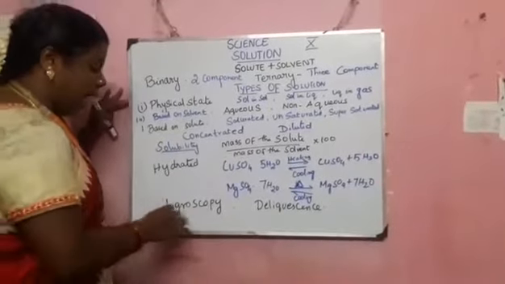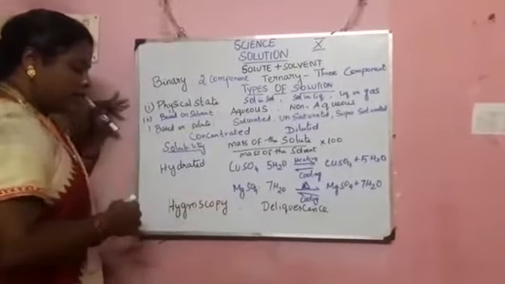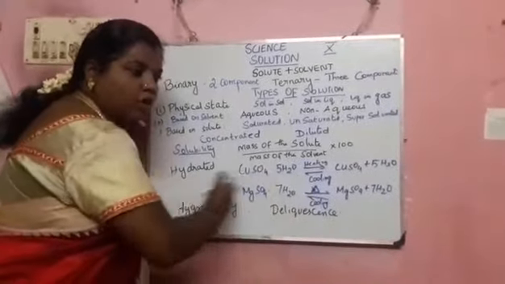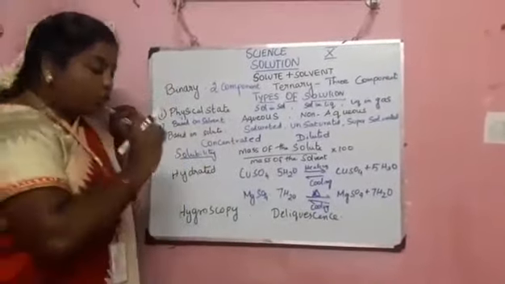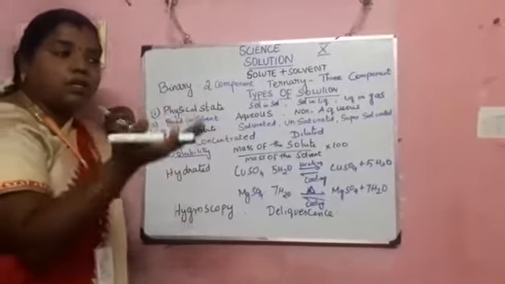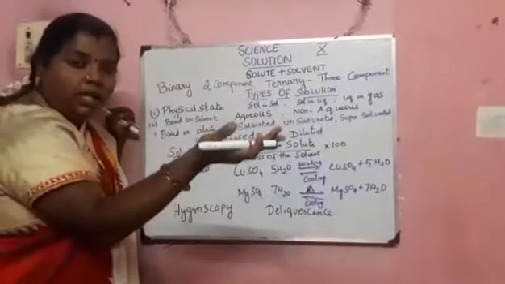Next one is hygroscopy and deliquescence. Hygroscopy is similar; most of the points are similar. The condition for hygroscopy and deliquescence is that the substance is exposed at ordinary temperature.